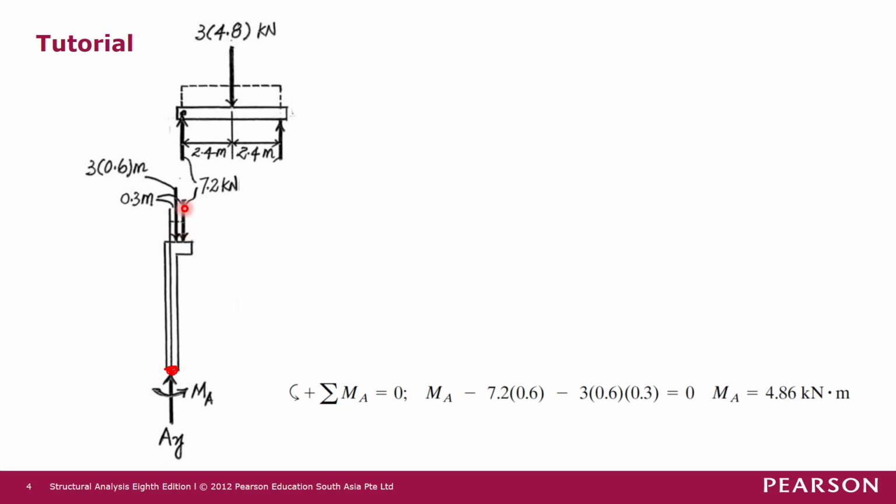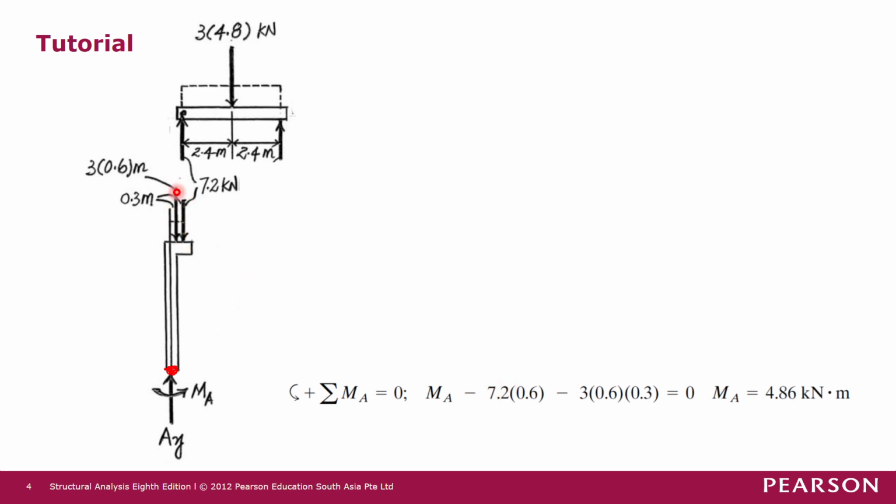It has a moment arm of 0.6 meters to point A, so this force will produce a clockwise moment about joint A. Clockwise moment, we take it as negative. So negative 7.2 times 0.6 meter, which is the moment arm.